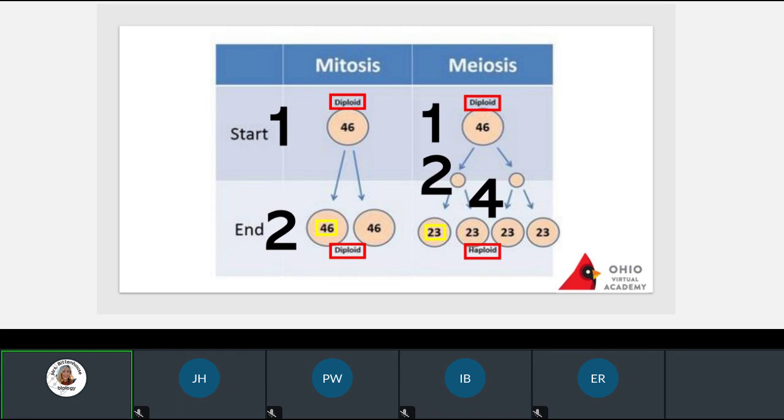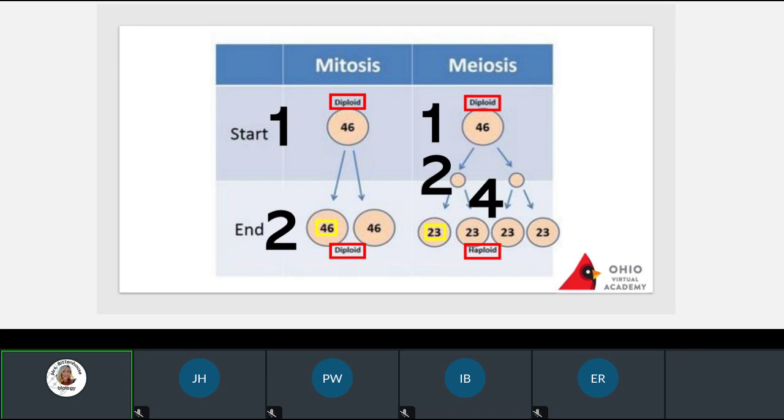So today we are going to look at how mitosis, the division of our body cells, is different than meiosis, which is the creation of our sex cells, our gametes, our egg cells and our sperm cells.